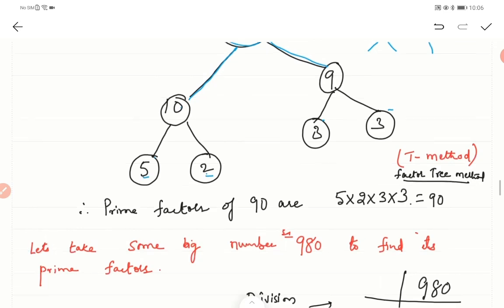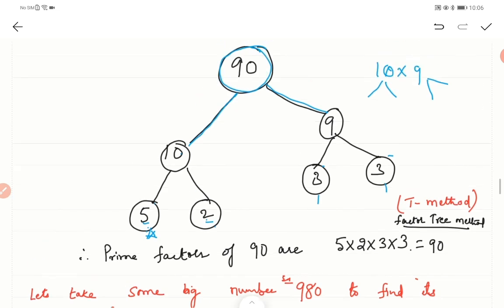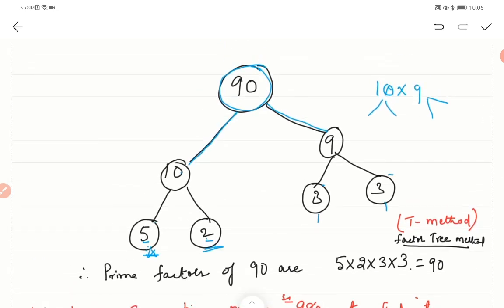After that, can you split 5 more? No. 2 also you can't split more. 3 and 3. Okay, so this is the last splitting of the numbers. You can't divide these numbers further. So the prime factors of 90 are 5, 2, 3 and 3.